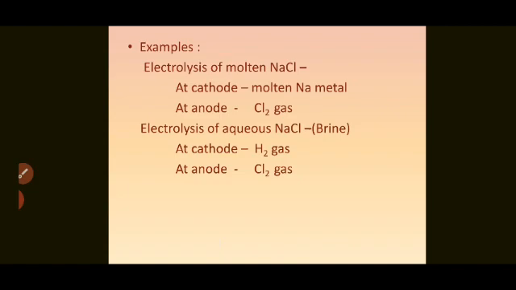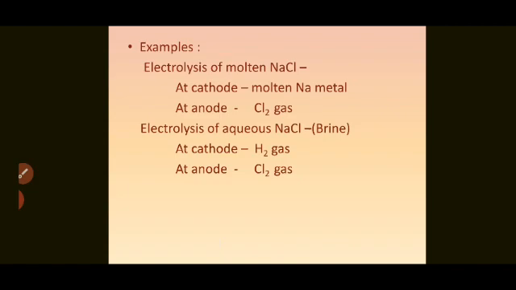Now let us take an example. Electrolysis of molten NaCl. What is meant by molten NaCl? Solid NaCl, when it is heated, goes into liquid form, and that form is called molten or fused NaCl.